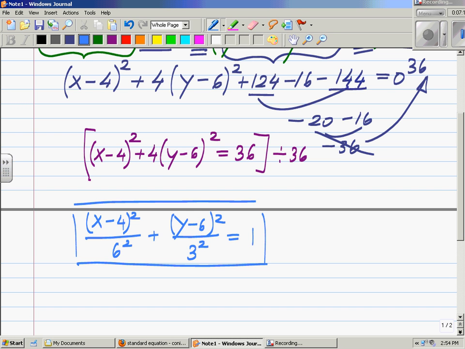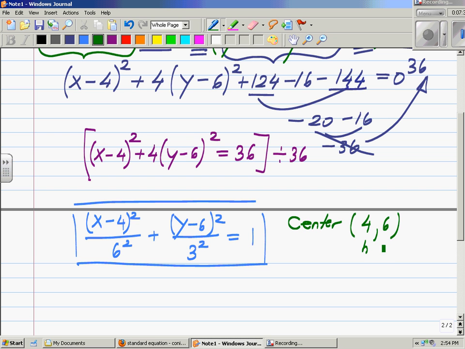Looking at this equation, you can answer many questions regarding the center, the vertices, the foci, right? Where is the center of this ellipse? Center will be located at what? 4 and 6, right?